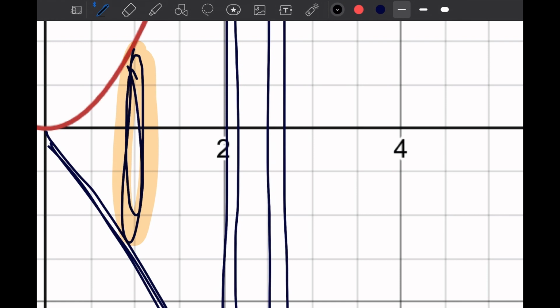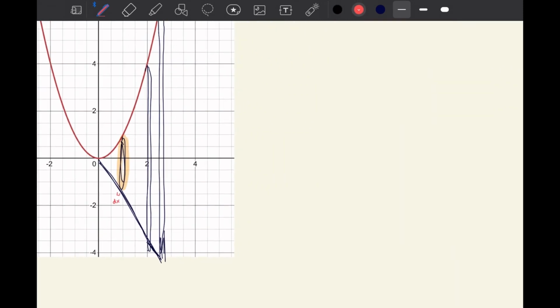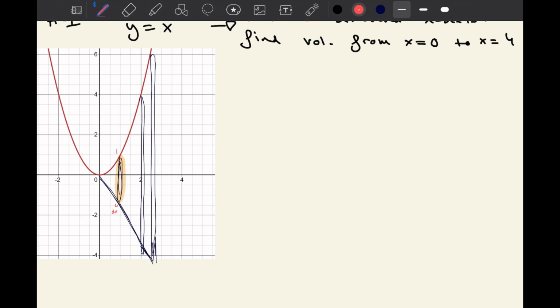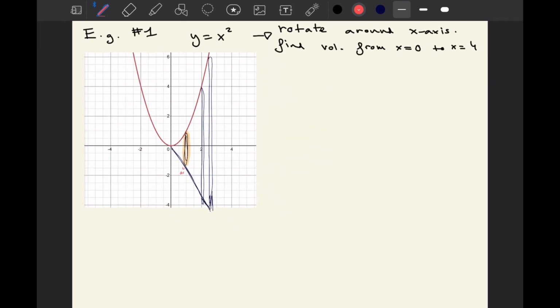The depth of this is going to be dx, because as we take a depth that goes infinitely small, you're going to end up with a dx. You will also recognize that this is a circle, because we're rotating this around the x-axis, so the distance from a given point on the function back to the x-axis will always be the same because it's a rotation.